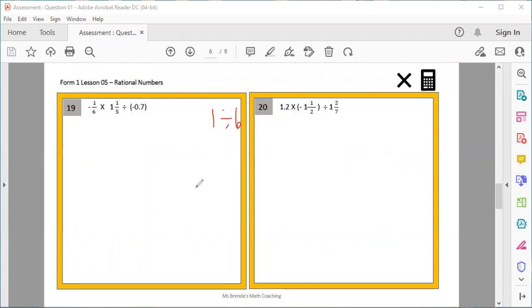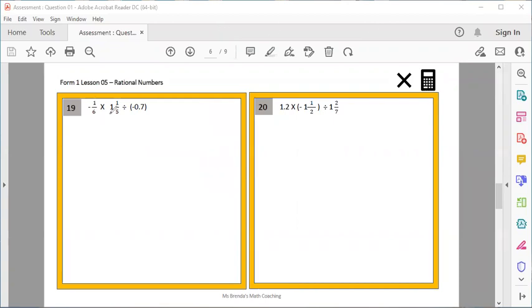What do you all get? Can you tell me a decimal number? What do you get when you take 1 divide by 6? You get a repeated number. You get like 0.1666666 like that. So we don't want that kind of a number, okay? We want a proper number to work with.